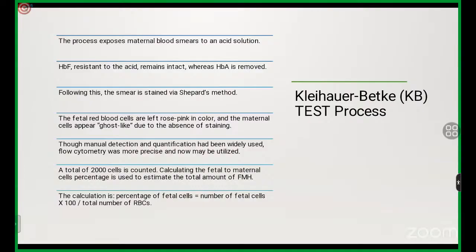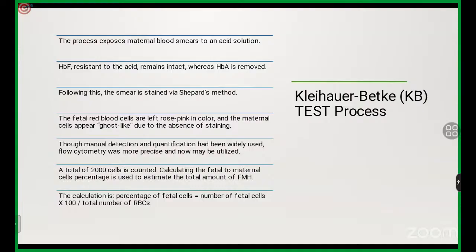Shepard's method is just like Kleihauer-Betke. However, it's a little bit modified, but it's almost one and the same thing, because the procedures are the same, but there is a change in the staining solution and the counterstain. The fetal red blood cells are left rose pink in color, and the maternal cells appear ghost-like due to absence of staining.